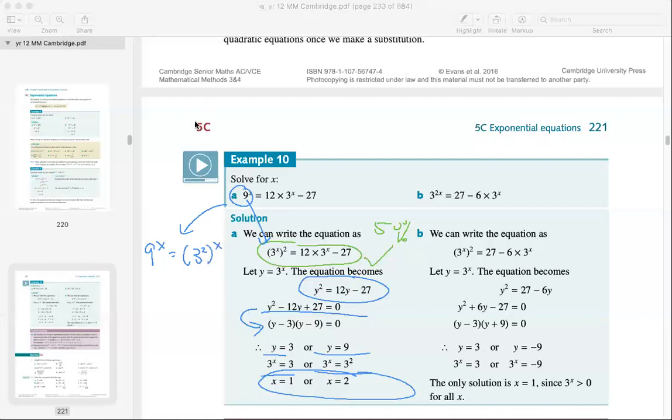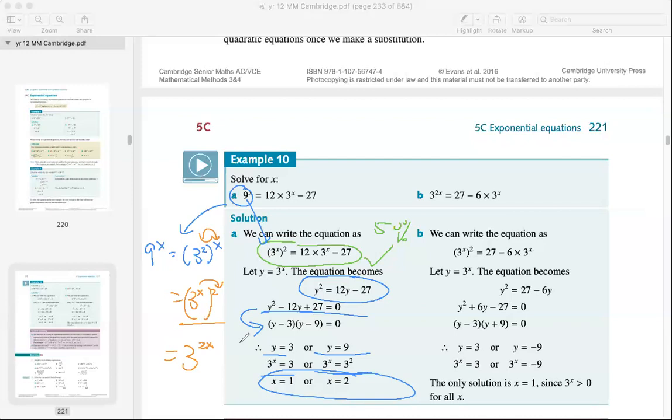Then we switch these two things, 3 to the power of x squared. It's essentially the same thing, because both of them equal 3 to the power of 2x, right?